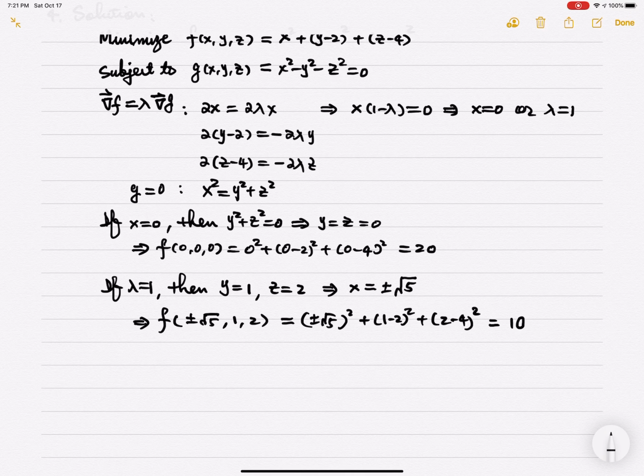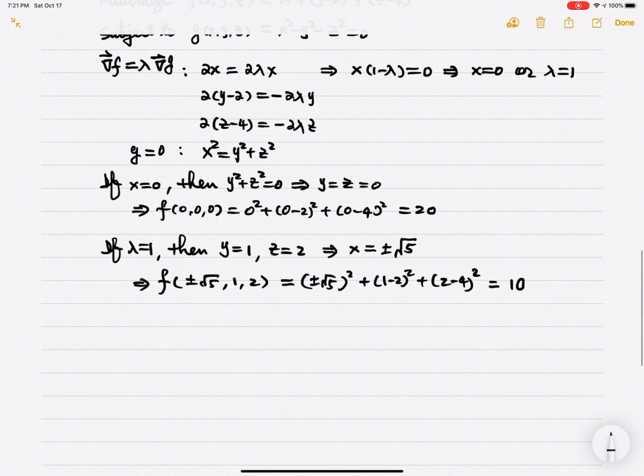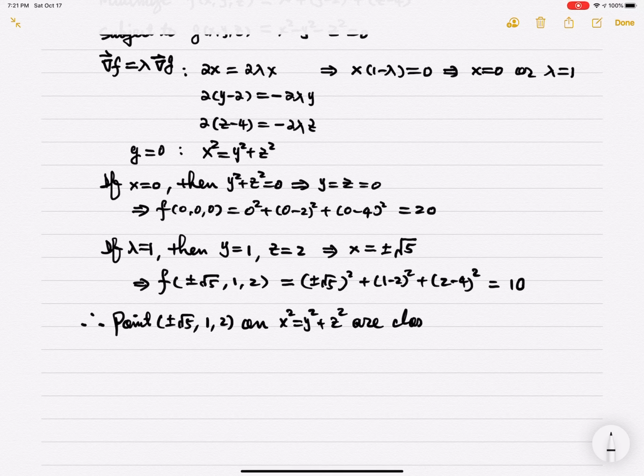Now you see, of course, we say, therefore, the points positive and negative root 5, 1, 2 on this cone, x squared equals y squared plus z squared, are closest to point 0, 2, 4.